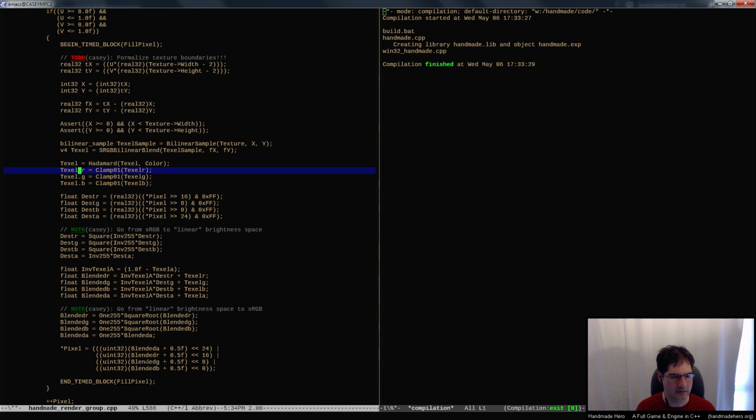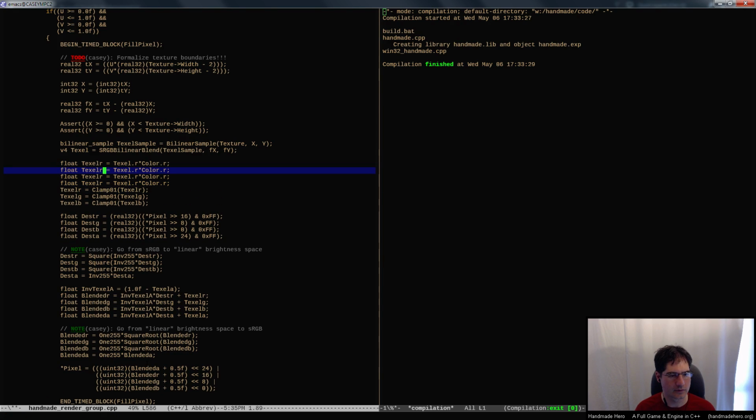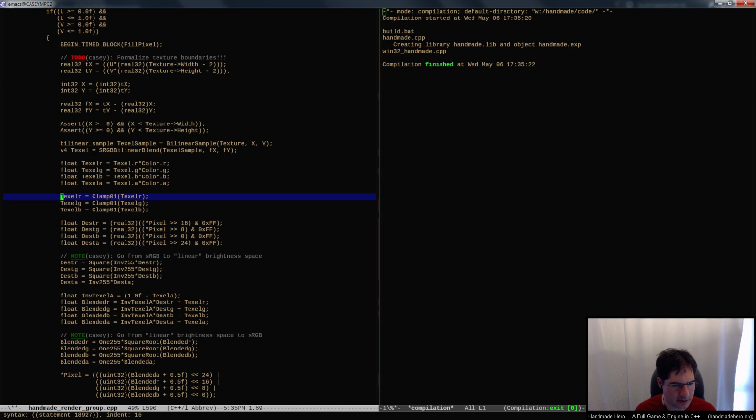So something like this. Texel equals Texel R. Float Texel R equals Texel.R times color.R. GBA, GBA, GBA. All right, so that's entirely blown out into scalar now.